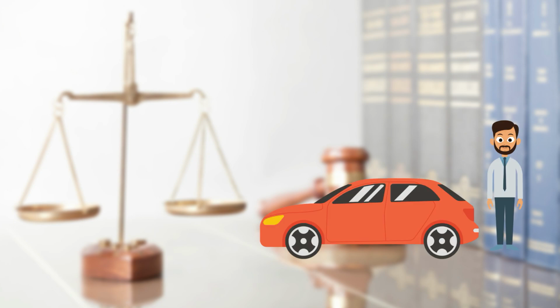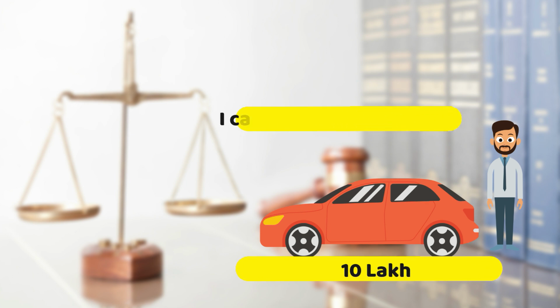Same way, co-sureties exist as a part of the contract of guarantee. So, in case you have taken a car loan of rupees 10 lakh, I can contribute a maximum of rupees 2 lakh.